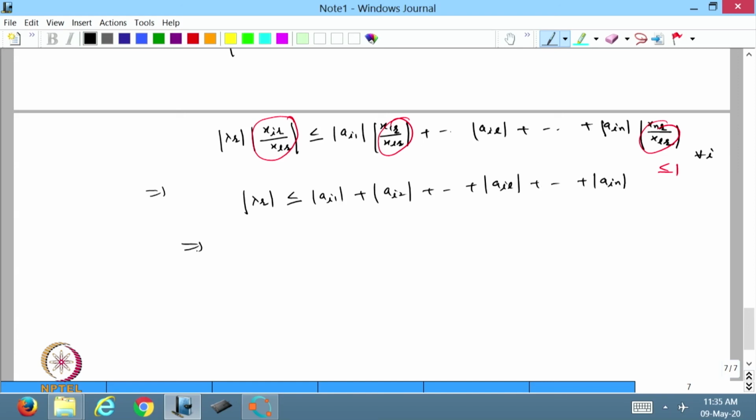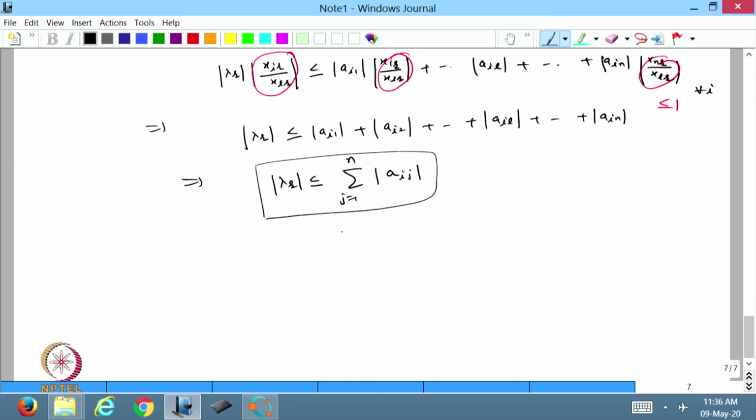So, from here I can say that this lambda_r is less than or equal to summation modulus a_ij, and j is moving from 1 to n.